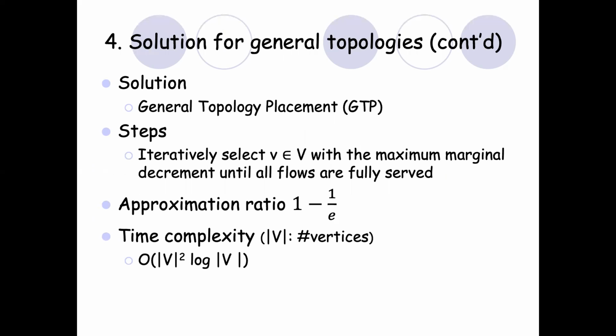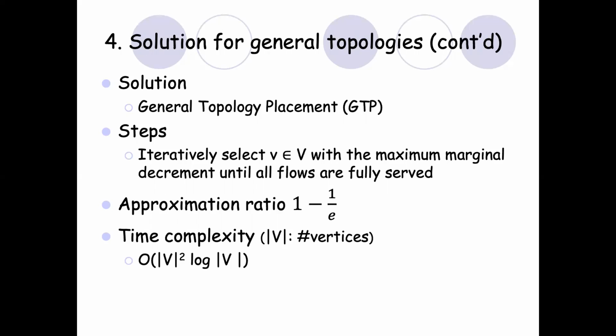And we propose one solution called general topology placement, GTP for short. The algorithm GTP initializes the placement plan as an empty set, and then it iteratively selects the node with the maximum marginal decrement until all flows are fully served.